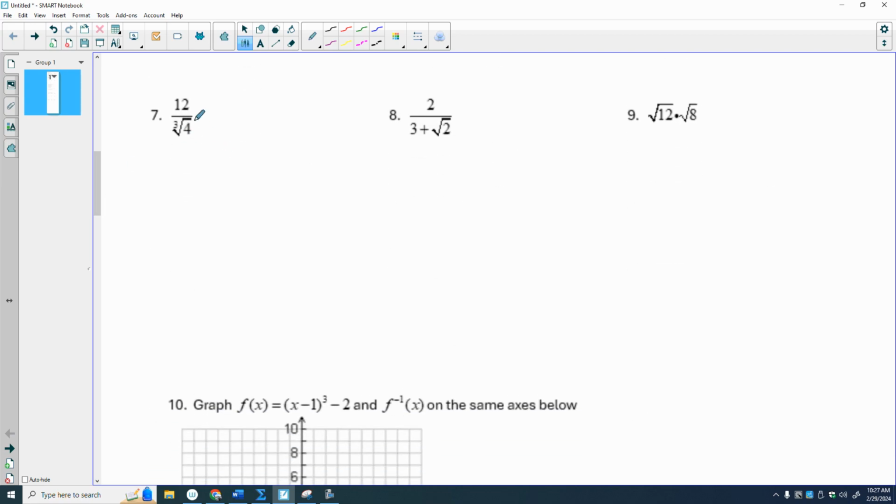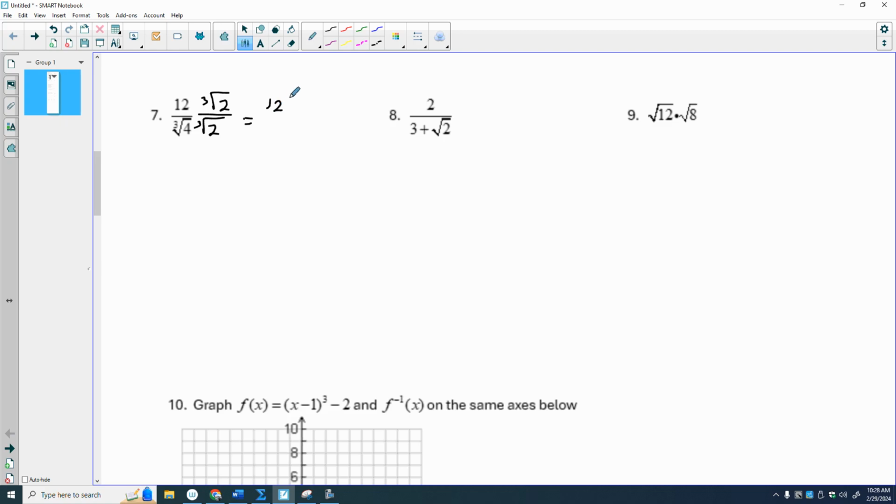What perfect cube does 4 go into? The smallest perfect cube that 4 goes into would be 8. How do I make a 4 into 8? I times it by 2. And what I do to the top, I have to do to the bottom.